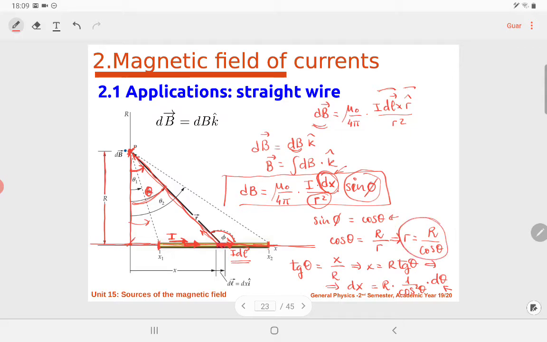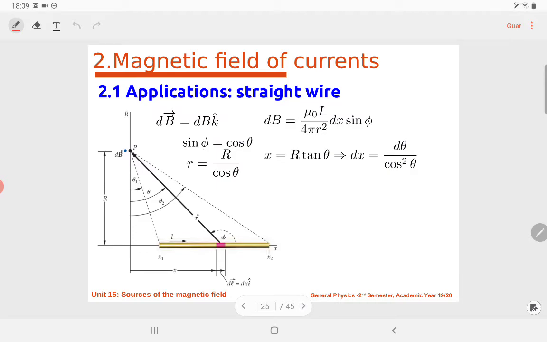So if we do all these things here, we end up with the following expression. We would say that the differential of the magnetic field is going to be equal to mu sub 0 divided by 4 pi times I, and then here instead of 1 over square r, we would put the square cosine divided by square big R, okay, because I'm using this here.